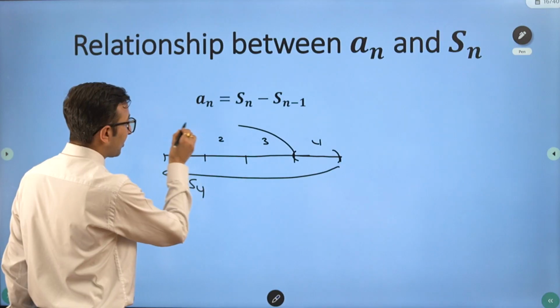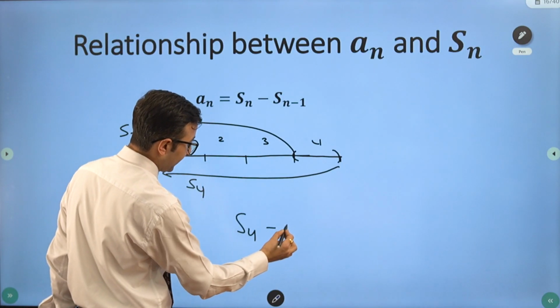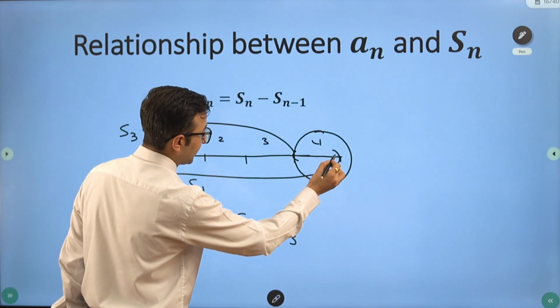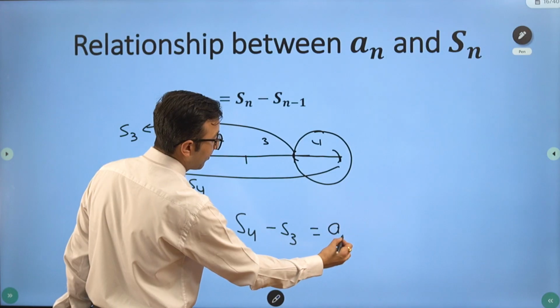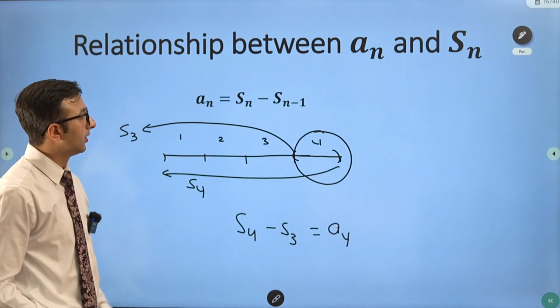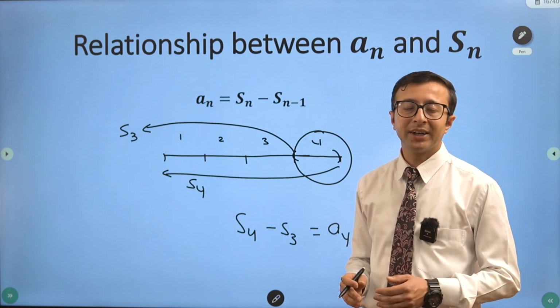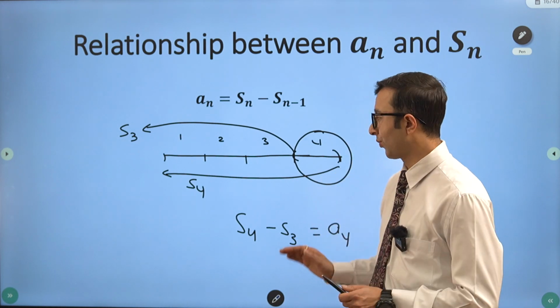From there, if you subtract S3, S4 minus S3 gives us this part only, that is equal to A4. So from there, we can get this concept: the nth term can be written as the sum of its n terms minus the sum of its n minus 1 terms.